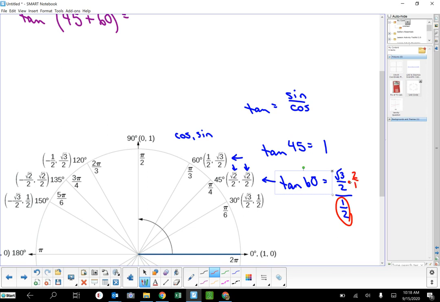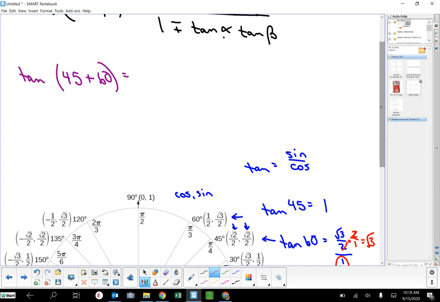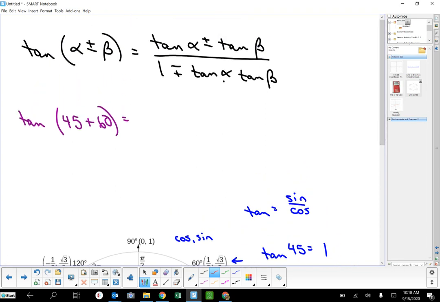So we're going to have 2 over 1. Those will cancel, giving us rad 3. All right, so tangent of 60 is rad 3. Tangent of 45 is 1. Excuse me. All right, so let's expand this guy out. I'm going to write these up here.